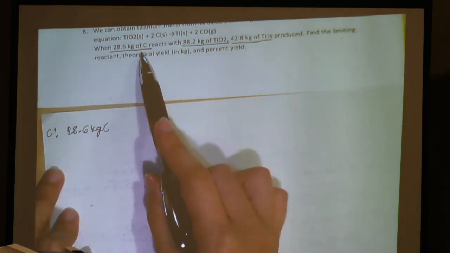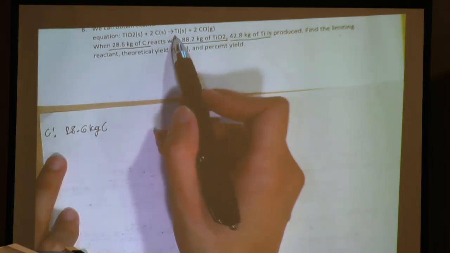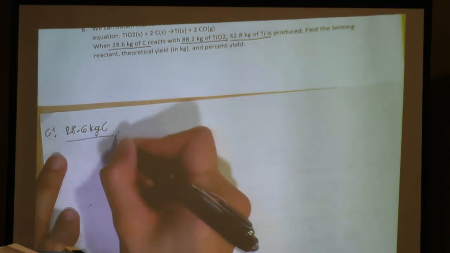So we have that 28.6 kilograms of carbon is reacting, and we want to react it to form titanium. So how do we get from kilograms of carbon all the way into titanium? Well, we're going to first convert this to grams.